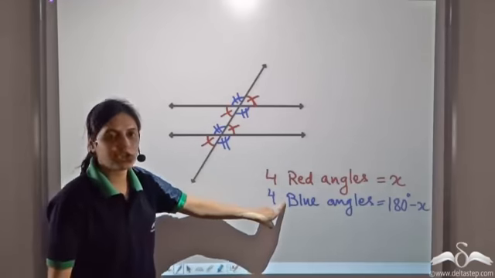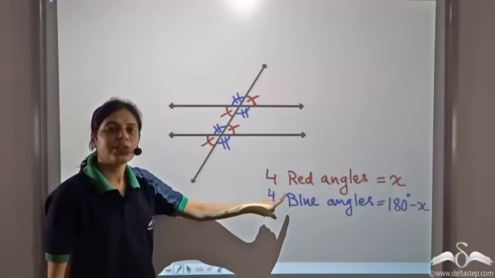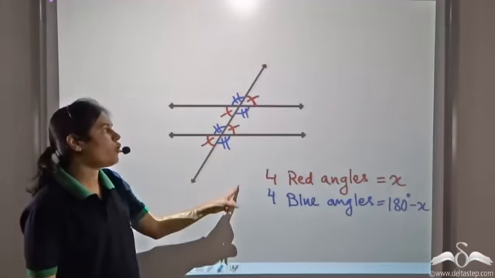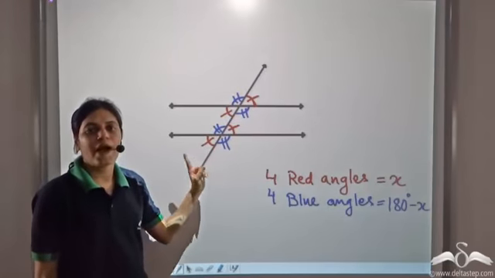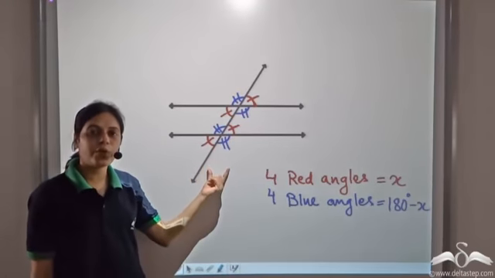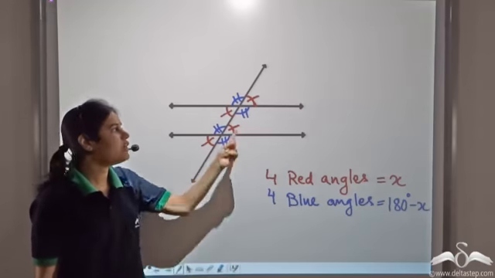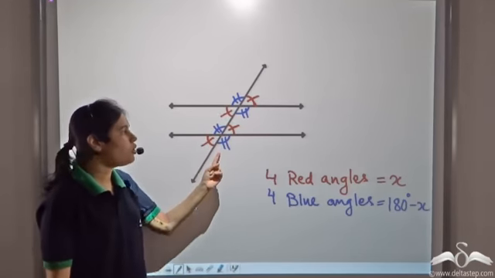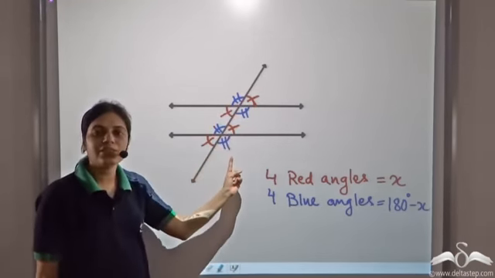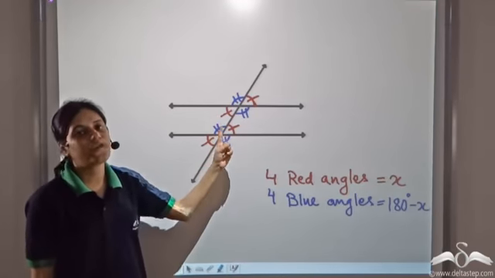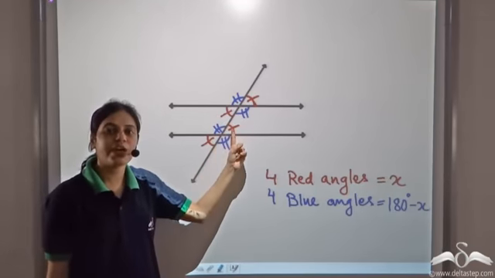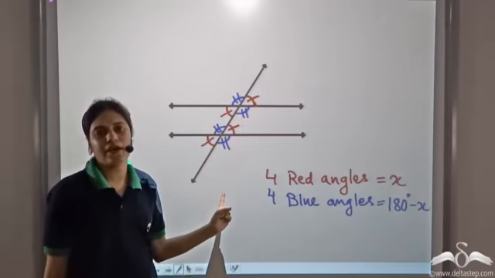So knowing the measure of any one angle gives us the measure of all the 8 angles. And this is a very important and interesting property of parallel lines. So although there are 8 angles, knowing the measure of any one angle, you can find the measure of all the angles.